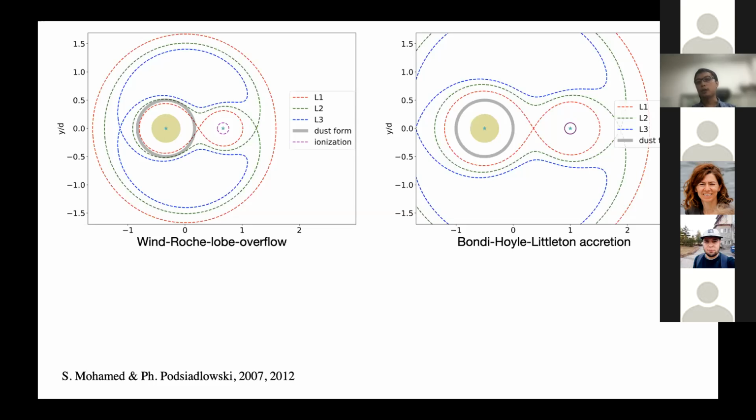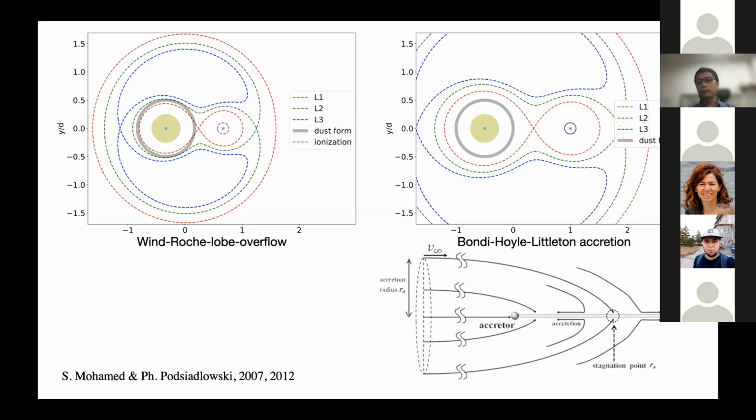Then the two stars, the AGB star and the secondary, become causally disconnected in hydrodynamics. So the secondary can no longer impose a great gravitational pull on the wind. In this case, a Bondi-Hoyle-Littleton accretion ensues.